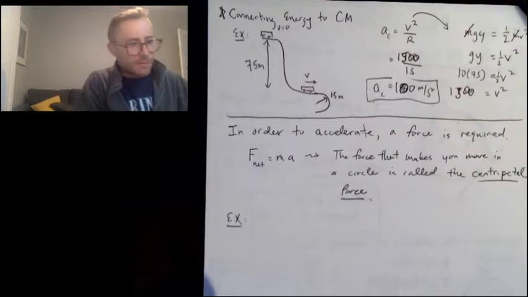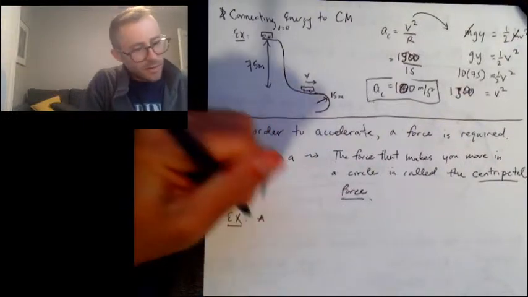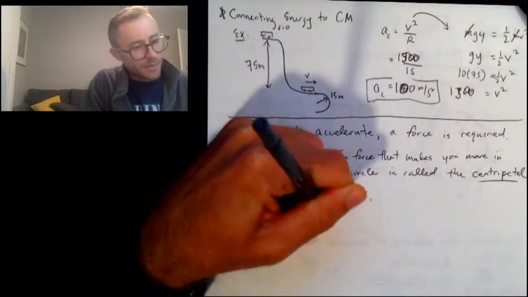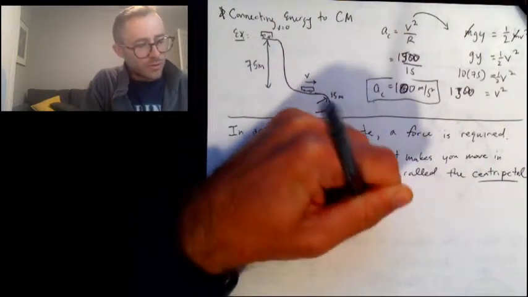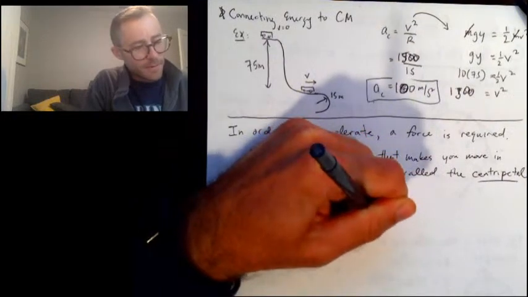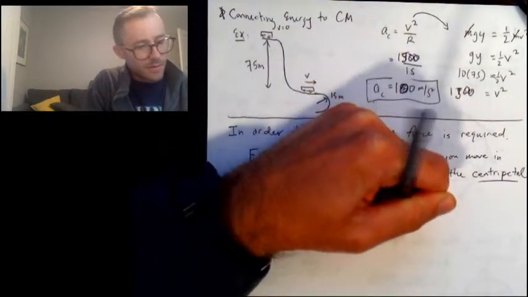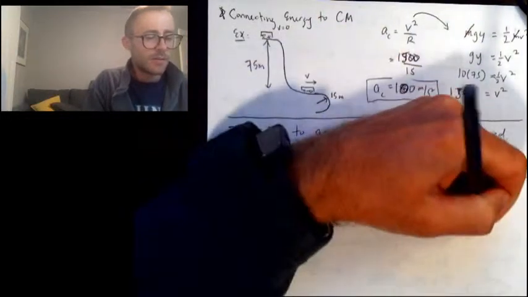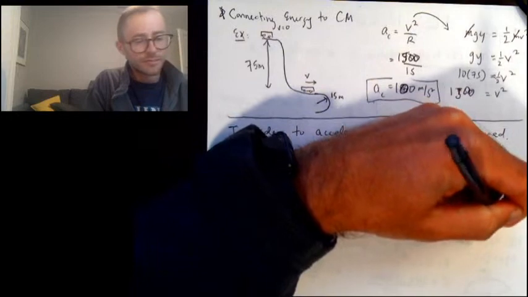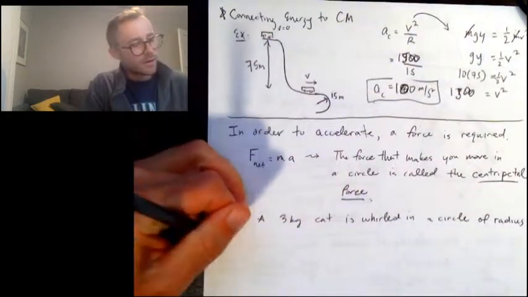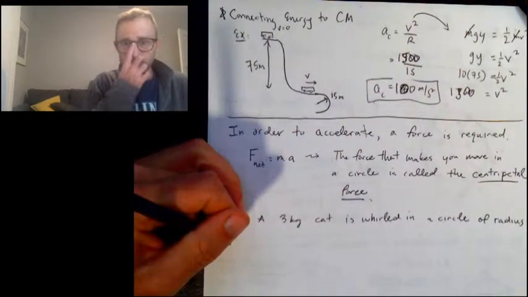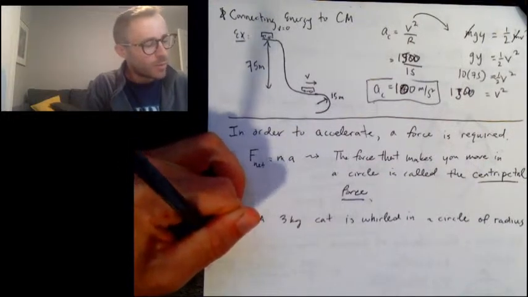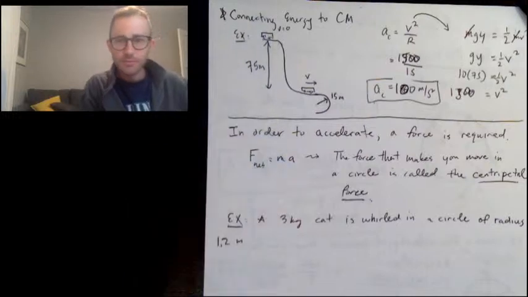So let's suppose we have a 3-kilogram cat that is whirled in a circle of radius, let's say, 1.2 meters.